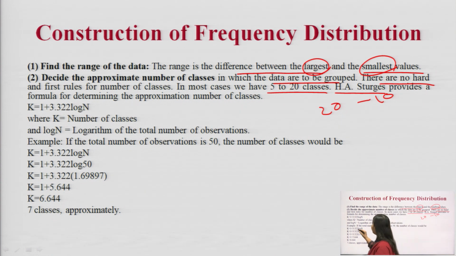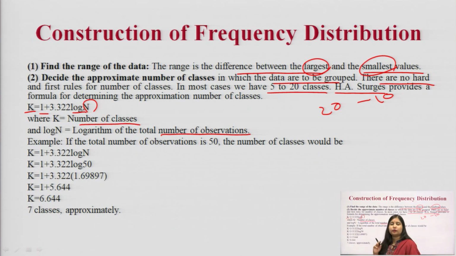The formula is k equals 1 plus 3.322 log n, where n is our total number of observations and k shows our number of classes.